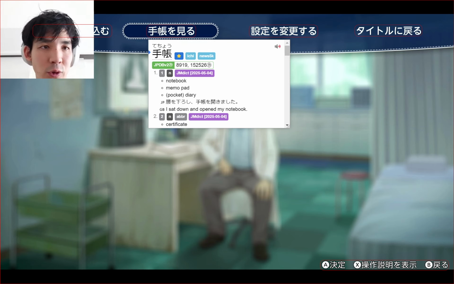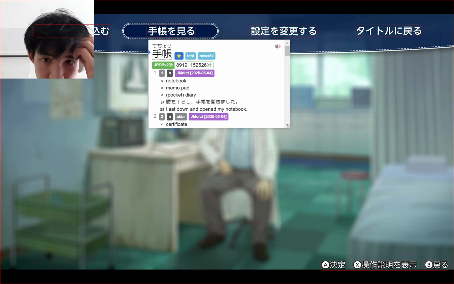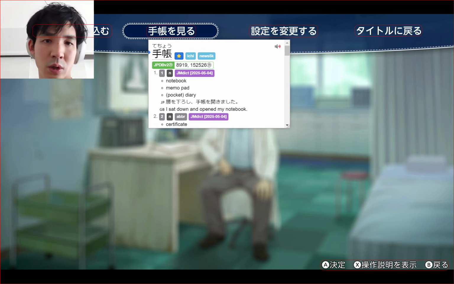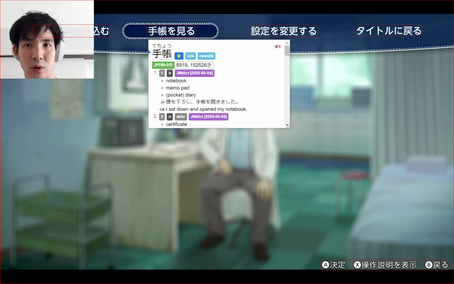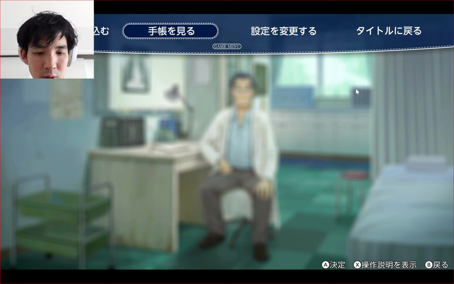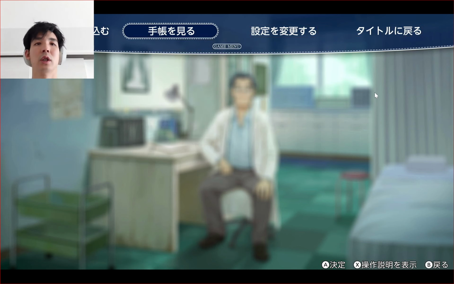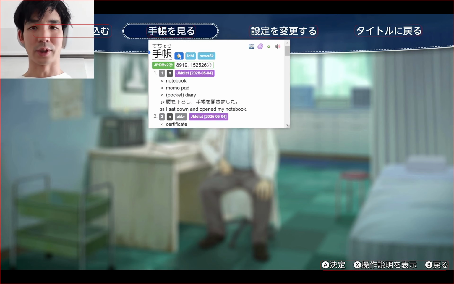Okay. Let's see if it's working. Cool. So what I just did is I just made sure that I could add cards to my study deck.